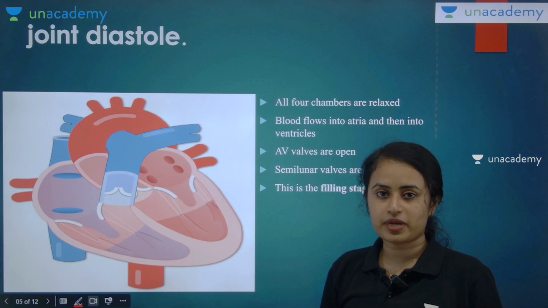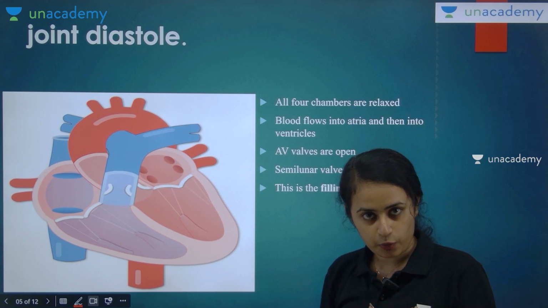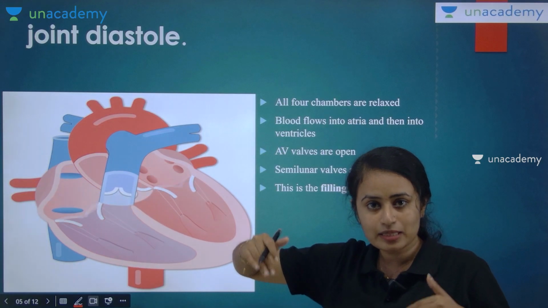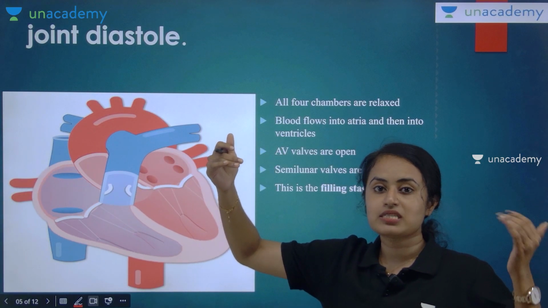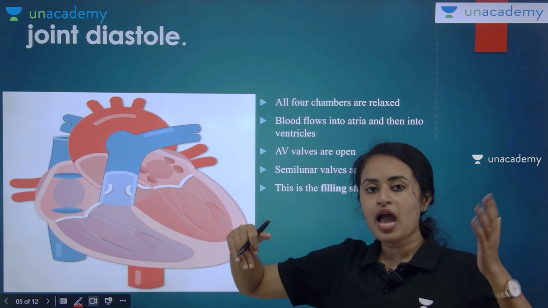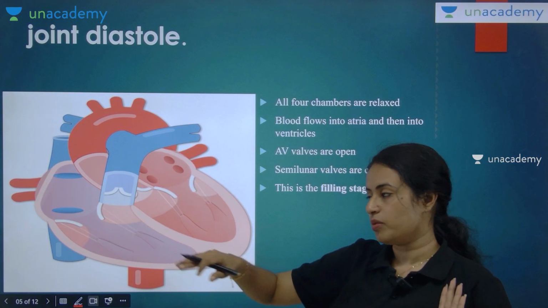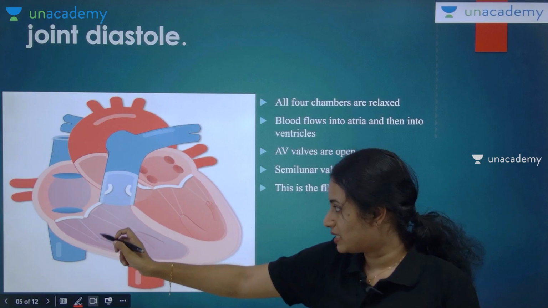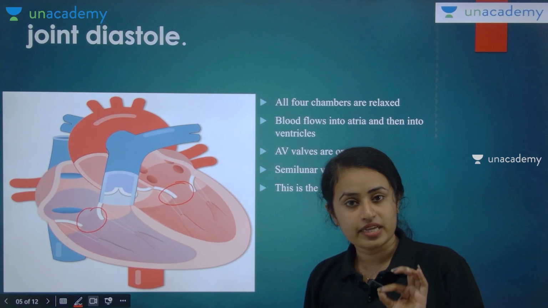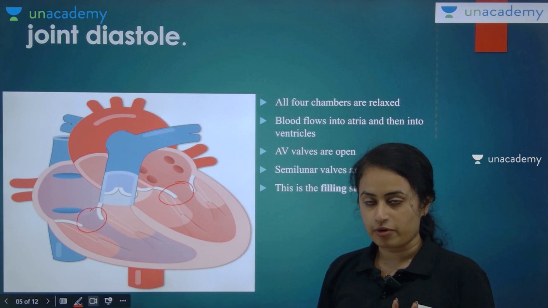How does the filling take place? Both from the vena cava as well as the pulmonary vein, the right atrium as well as the left atrium are filling with blood from the lungs as well as the different parts of the body. Oxygenated blood from the lungs fills the left atrium, and deoxygenated blood from the different parts of the body fills the right atrium. Here you can see the 2 valves, tricuspid and bicuspid, which are together known as AV valves.